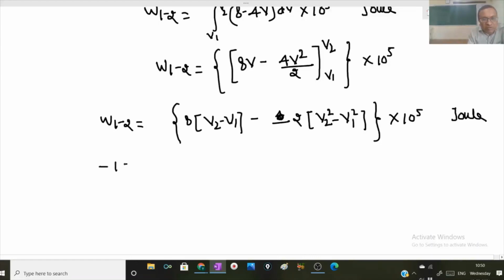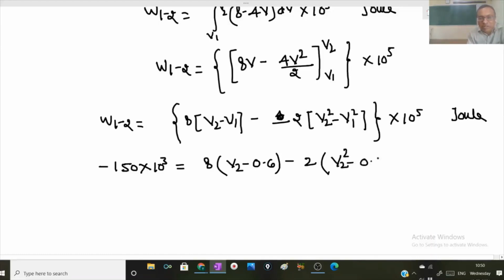So minus 150 into 10 to power 3, this will be the joule. 8 into V2, the value of V1 is 0.6 minus 2 into V2 square minus the value of V1 is 0.6 square. The entire term is multiplied by 10 to power 5.